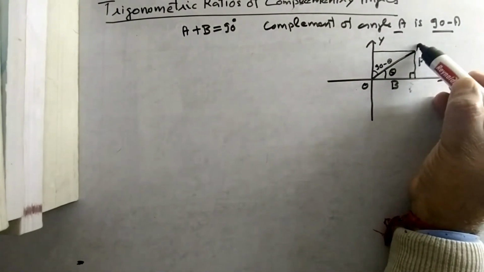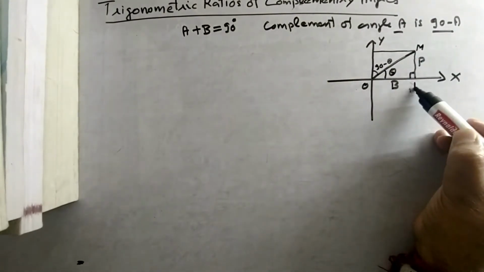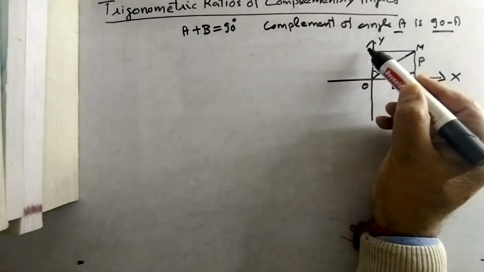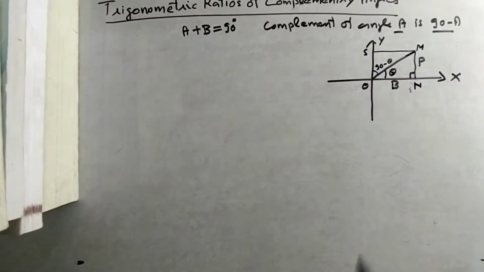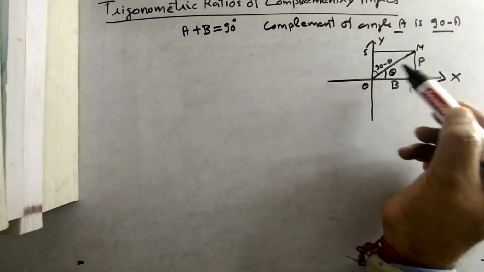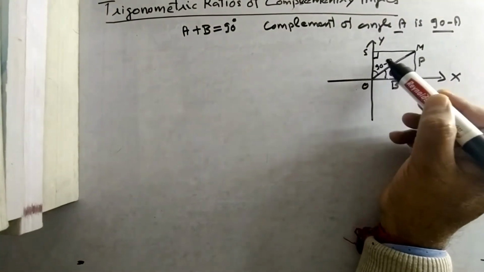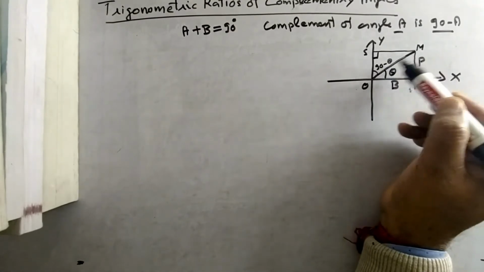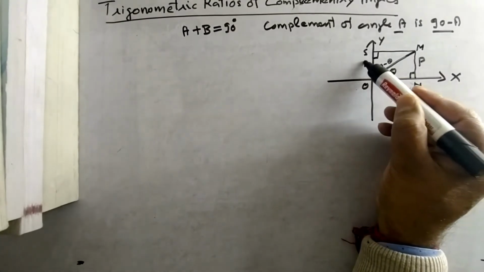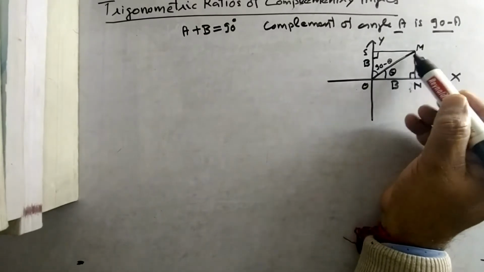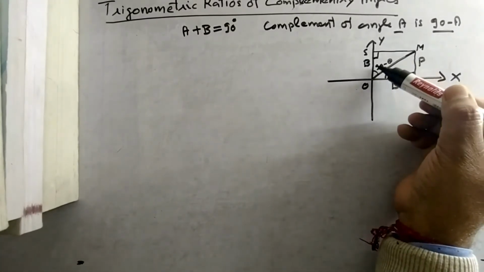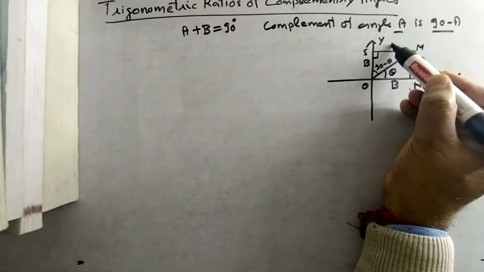This is the triangle O M N, this is S. Now if you take this triangle, here the base for this 90 minus theta angle is this one, and the perpendicular is opposite to it.